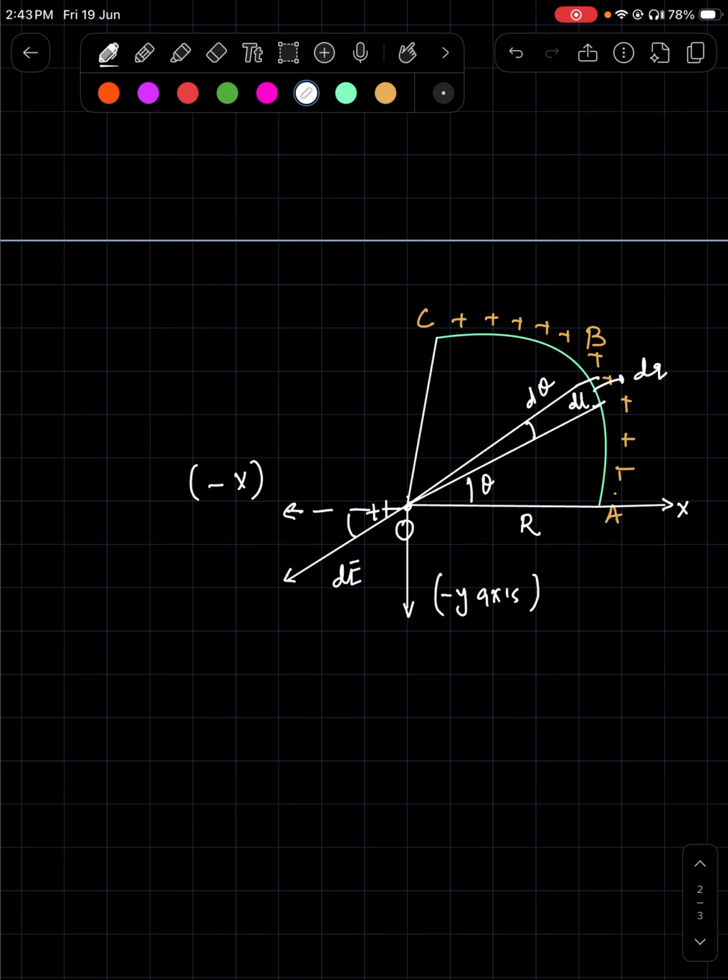Since theta is in its vertically opposite angle, it is also theta. So this is dE cos theta, and this is dE sin theta.